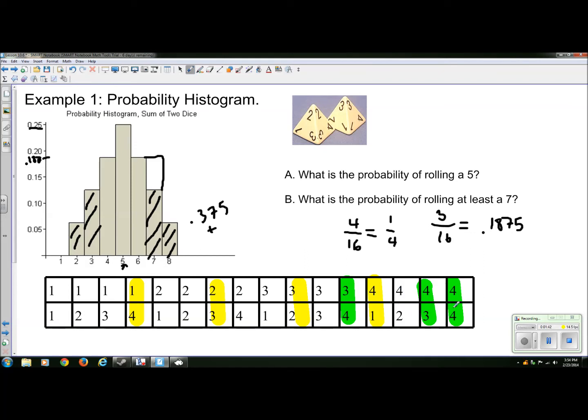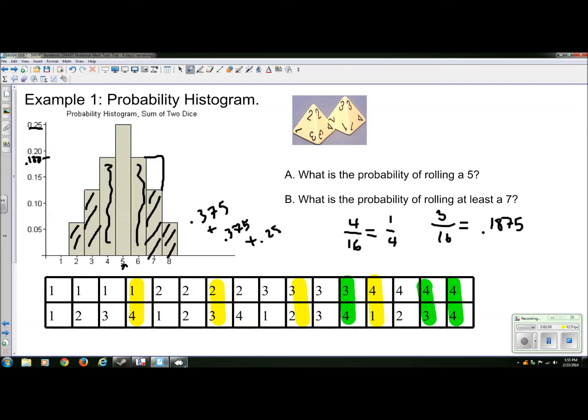And that's it. 2 plus 4, 4 plus 2, and 3 plus 3. That's 3/16 also. So in other words, this is 0.1875. And this is 0.1875, and so I'm going to have another 0.375 from those two. And then finally, we calculated already that this was 0.25.